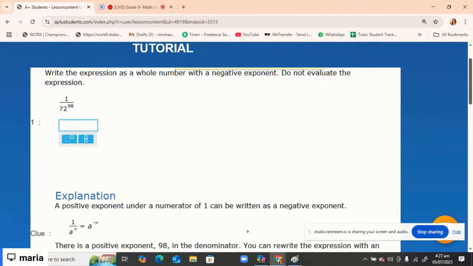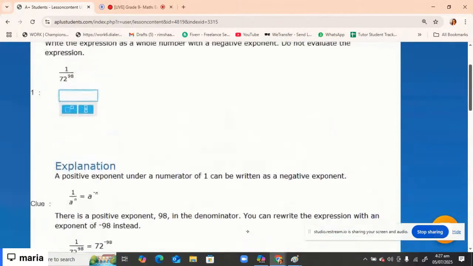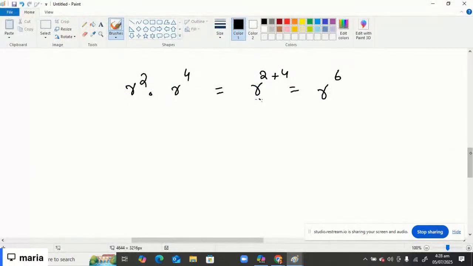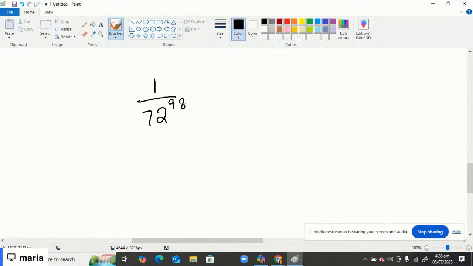We are not basically just solving; we are just putting this expression as a whole number with a negative exponent, and not solving it, just placing the values. So 1 over 7 to the power 98: 1 over 7 and then the power is 98.